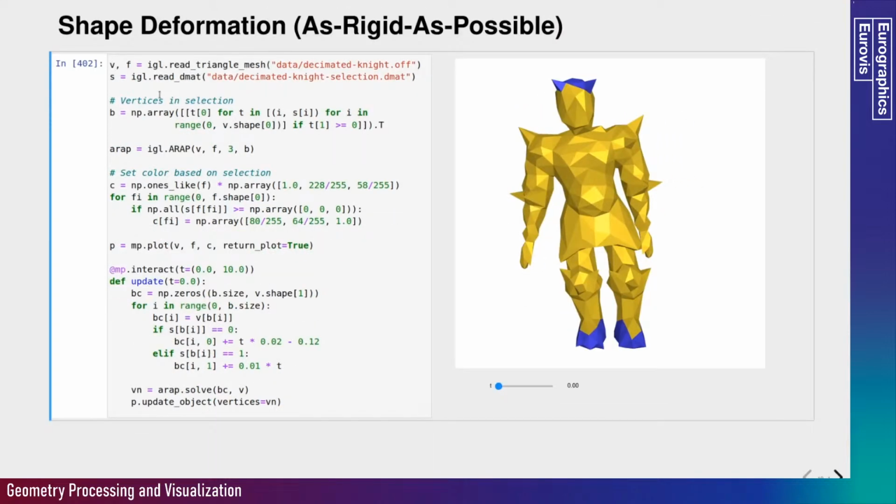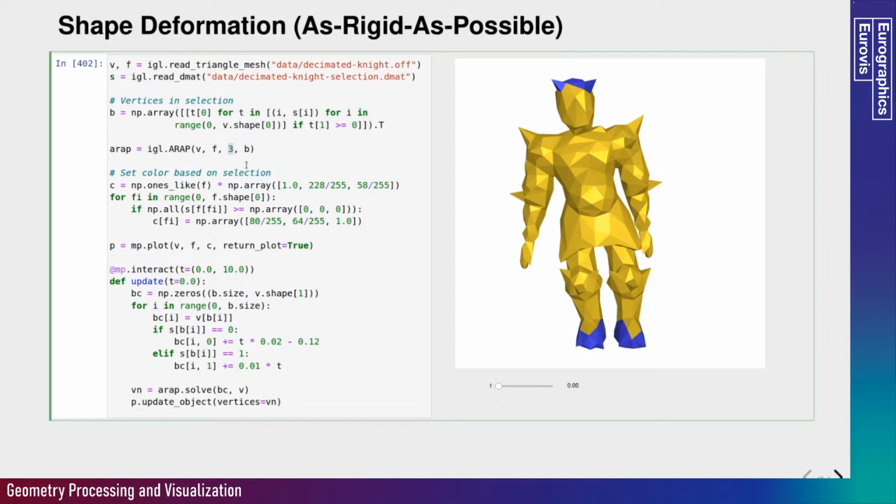So what is going on here? We first load again our triangle mesh as well as the selection, then we gain our boundary indices from the selection, and we again generate this ARAP object as we've done in texture mapping, but now we do this ARAP computation in 3 dimensions.